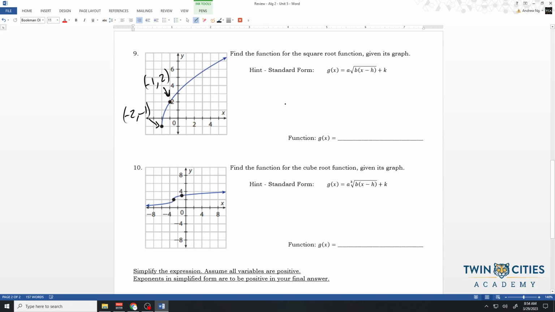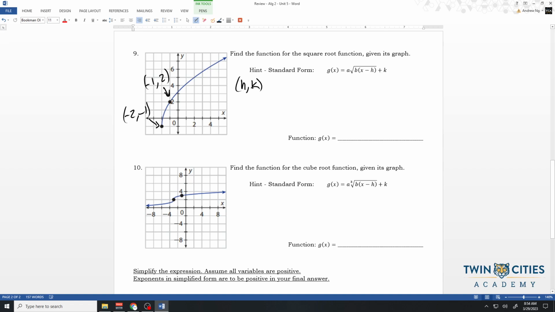Now for the square root functions, I want to say that one point is my initial point, and then the second point I'm just going to call my second point. So the initial point is where this graph starts. It starts here at negative 2, negative 1. And my initial point is always going to be located at hk.